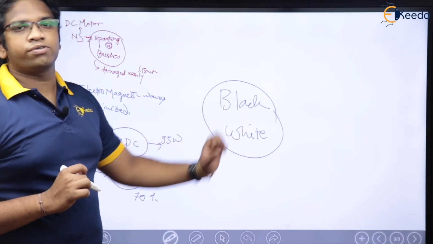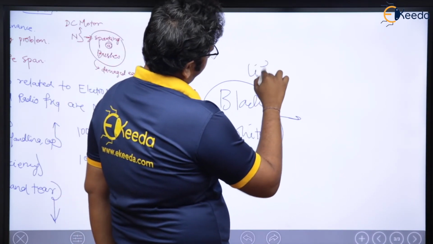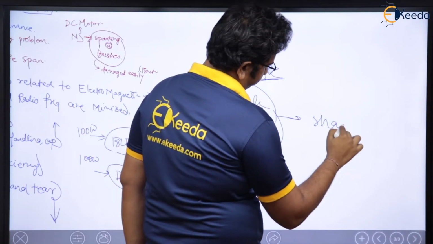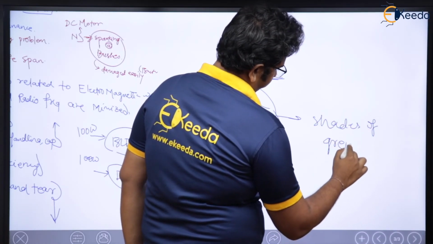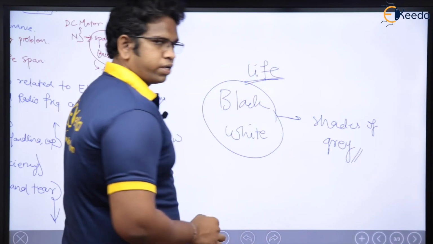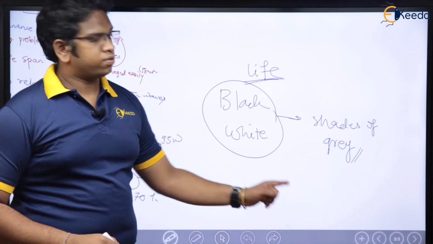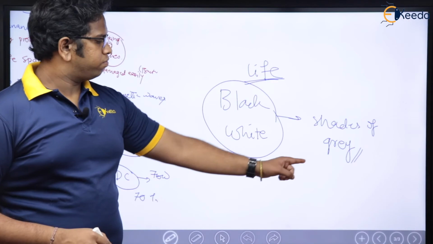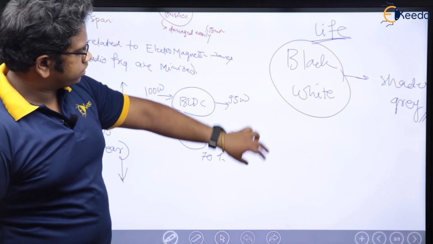They are all shades of gray. Always remember, in your life also, all are shades of gray. A dark shade of gray will give you black, and a light shade of gray will give you white.